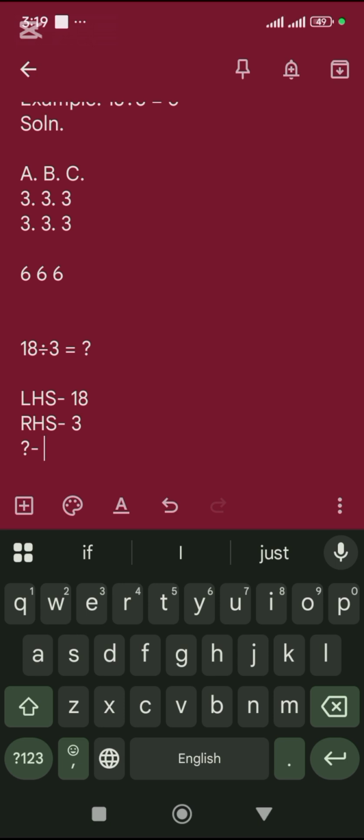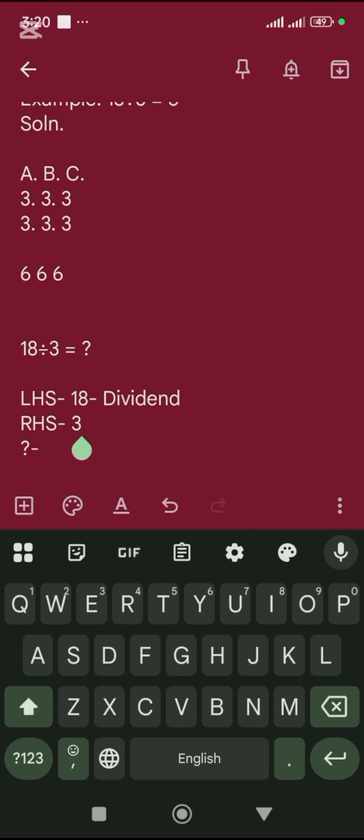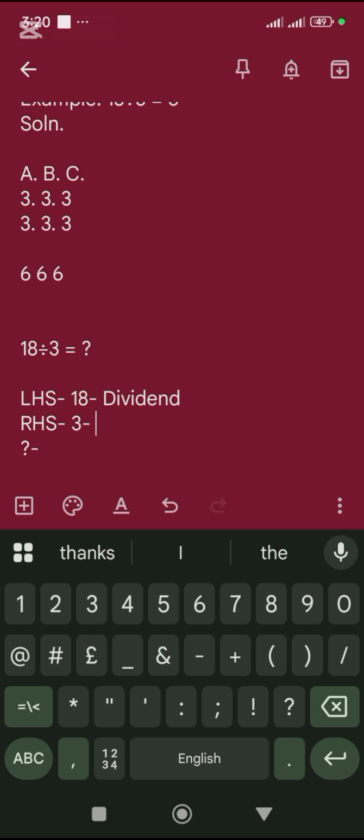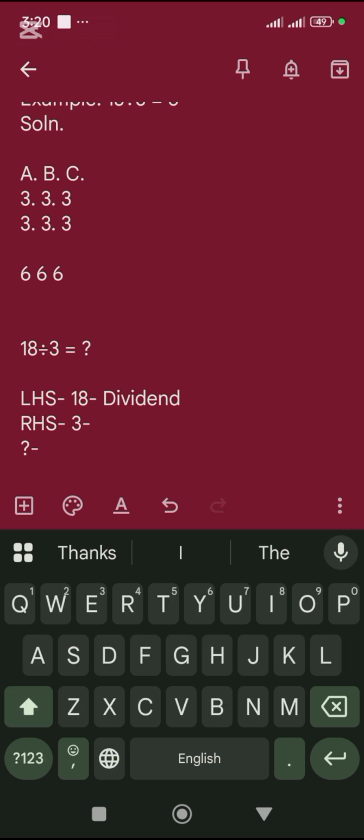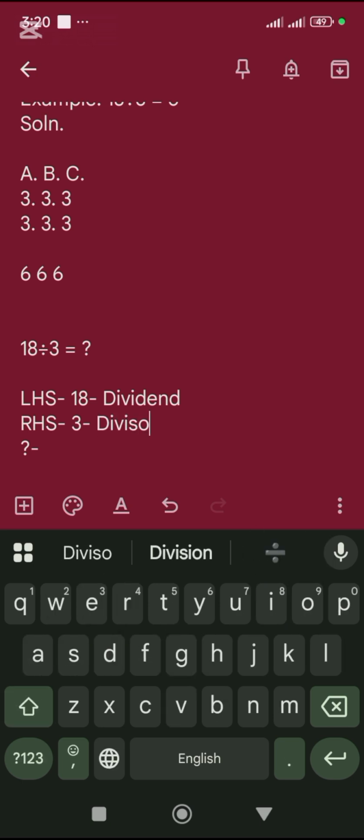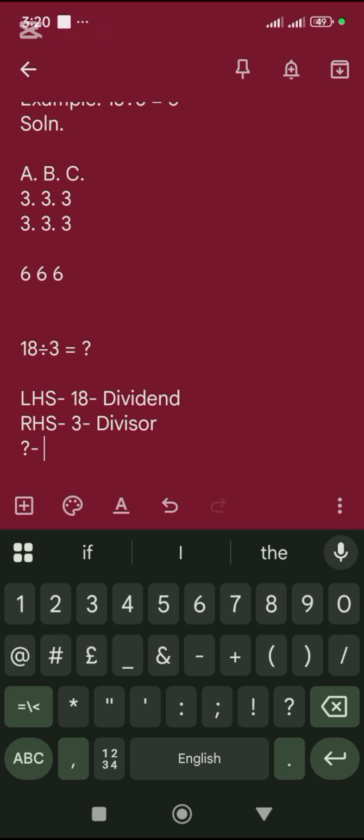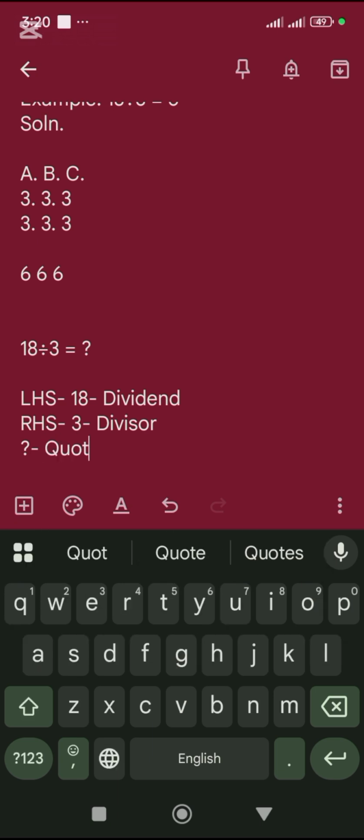Now if you look at that 18, that part is what we call the dividend. That part where 3 is is what we call the divisor. The answer you get, that is what each group receives after your division, is what we call the quotient.